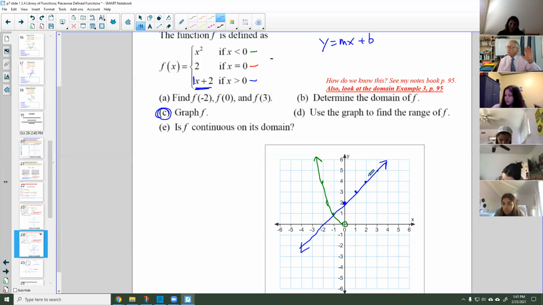Is everybody okay with that? But it says only if x is greater than 0. So back to my eraser. All of these x values are less than 0.